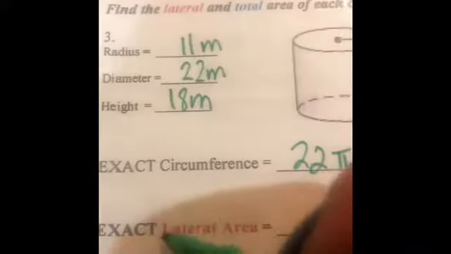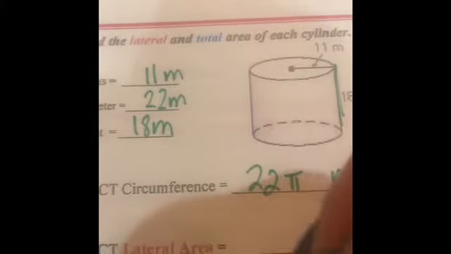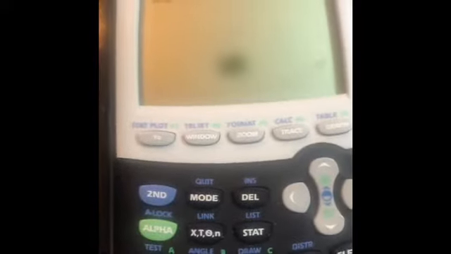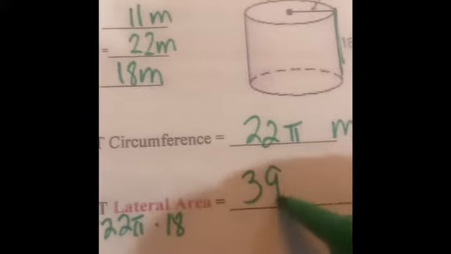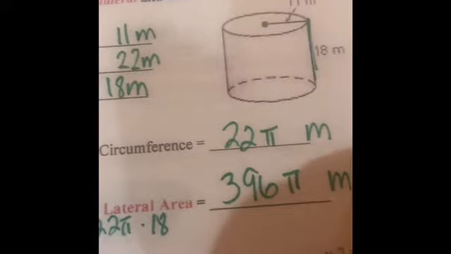Exact lateral area, well, we just wrote down the formula, circumference times height. So on my calculator, I'm just going to do 22 times 18 is 396, and then leave the pi. So 396 pi meters squared.